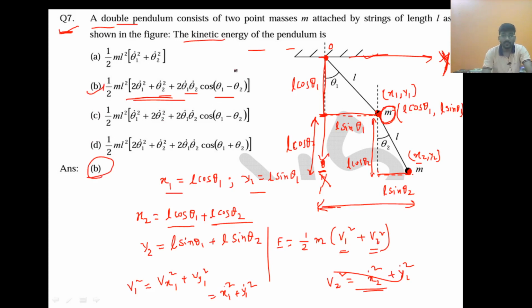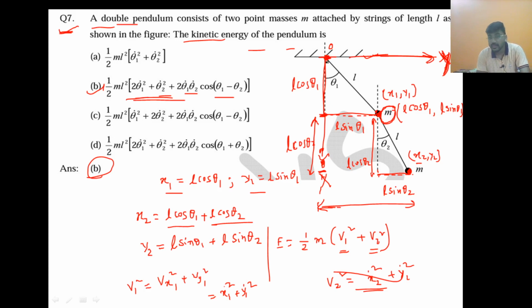Okay, and here one thing, you can choose this coordinate axis as you wish. If you take this as x axis, then the x coordinate and y coordinate will be inverted, but the result will be same, because this is nothing but the choice of origin.